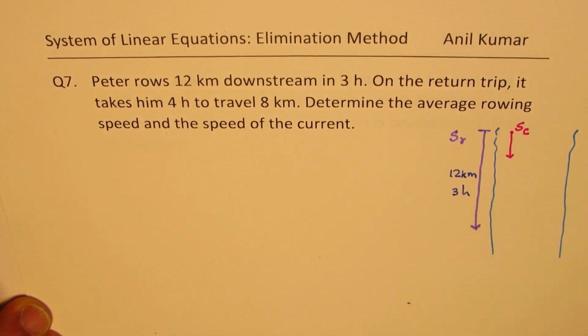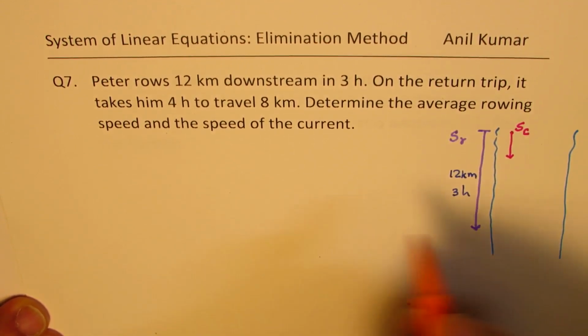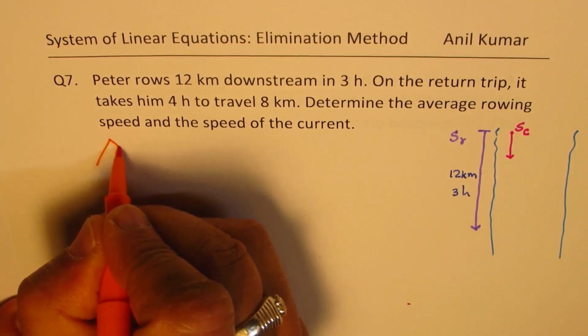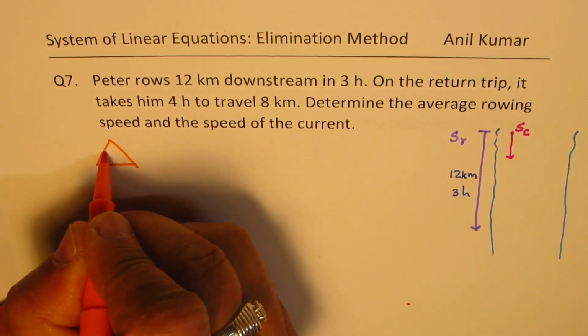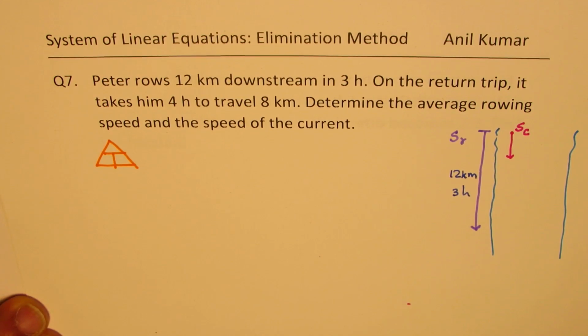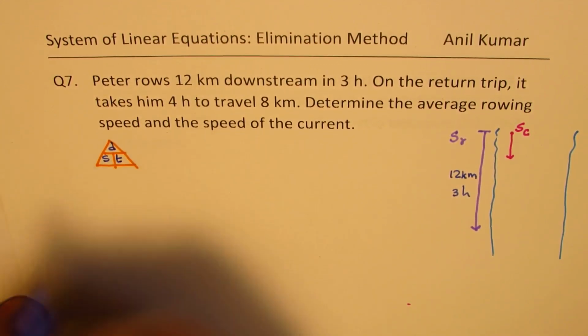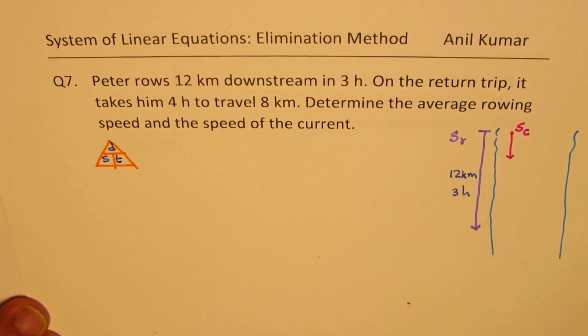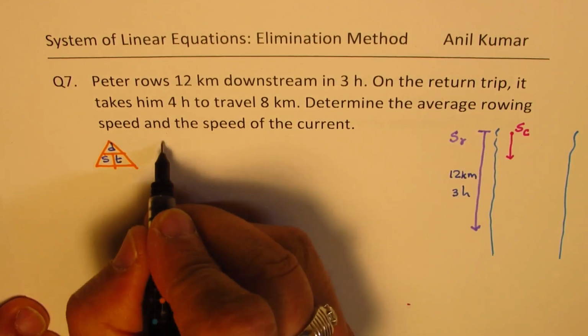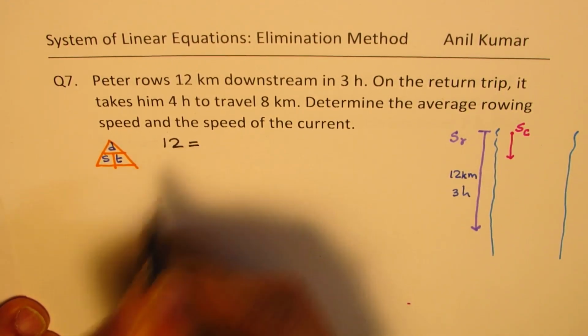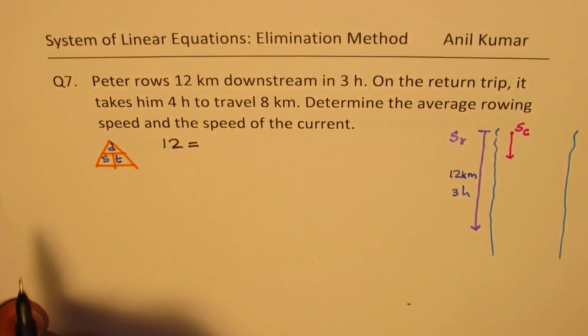So that gives you the equation which we are looking for, distance, speed, and time, right? So we are always looking into this triangle to relate distance, speed, and time. So the distance of 12 kilometers is equal to speed into time.